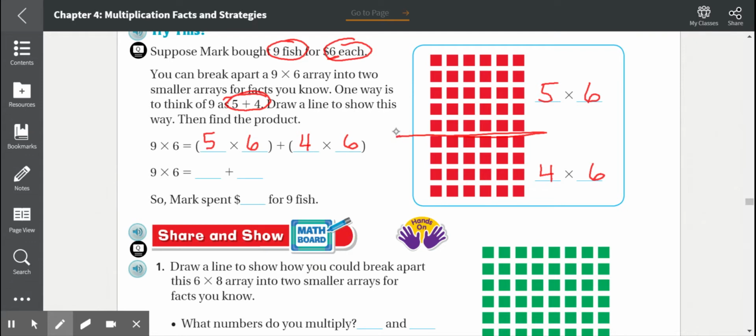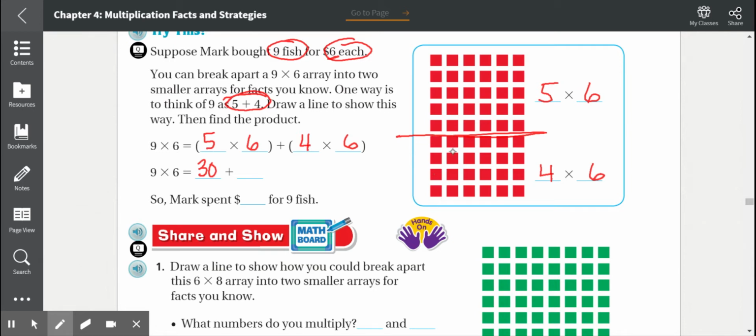Okay, so let's solve for 5 times 6 first. We can count by 5 6 times. So our 5s are going this way. So we have 5, 10, 15, 20, 25, 30. And then 4 times 6, we could count by 4s, or you could count by 6s, or you could add. Let's count by 4s.